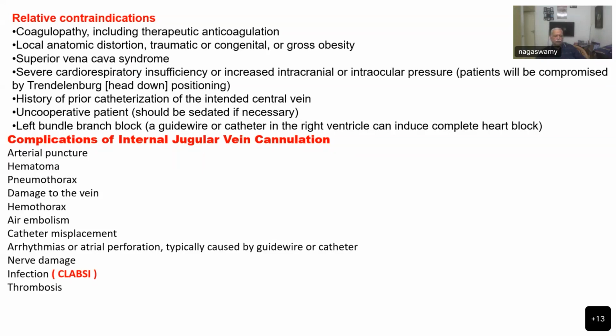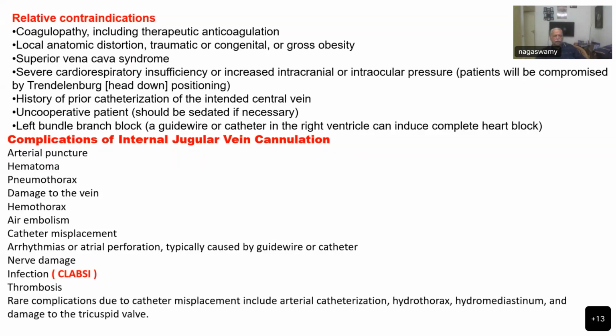So you have to be very meticulous with your asepsis. And thrombosis, and rare complications of catheter displacement, hydrothorax, hydromediastinum, damage to the tricuspid valve. All these things can happen, and guide wire catheter embolism also can occur. So these are all the things that you have to mention about IJV.